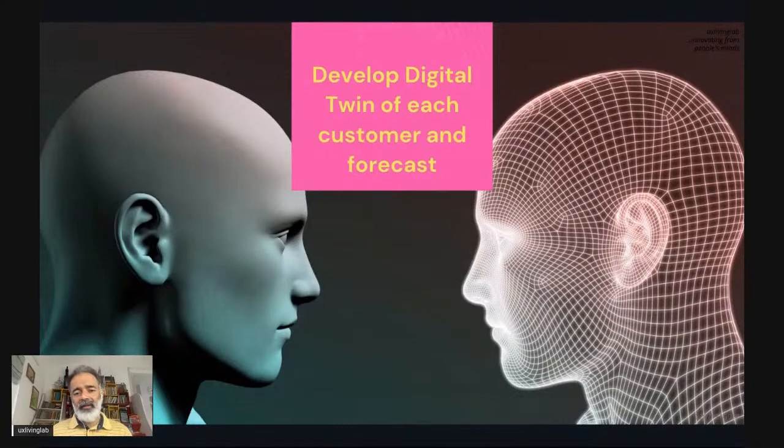The best way is, from the initial feedback or from the purchase point onwards, develop a digital twin of each customer and forecast. You have to keep the entire record of the customer. Think about the entire steps of the customer.